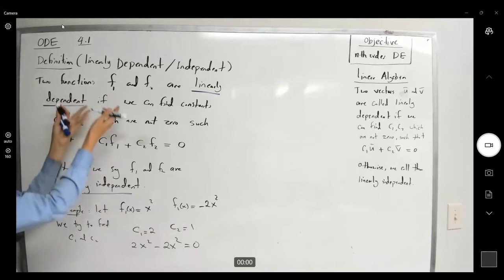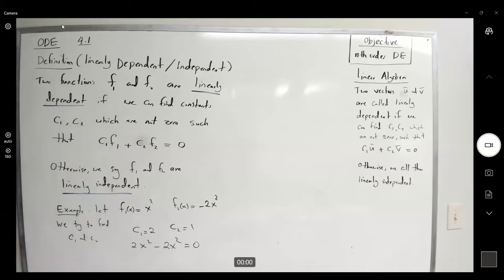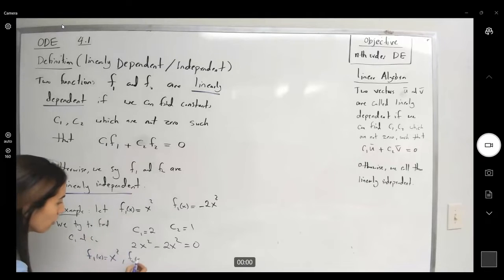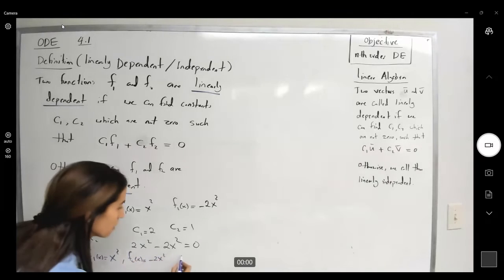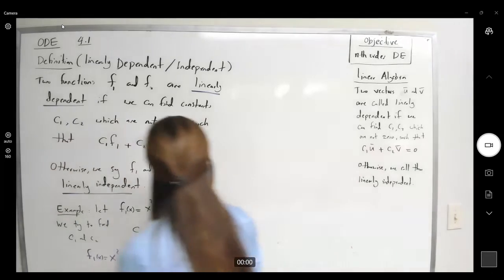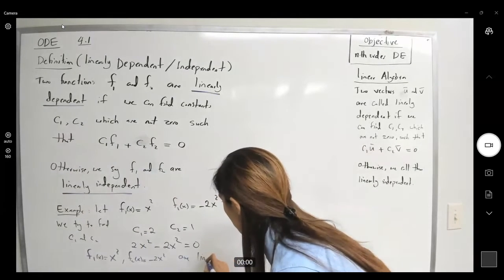So it means that they are linearly dependent. f1 of x, which is x squared, and f2 of x, which is negative 2x squared, are linearly dependent.